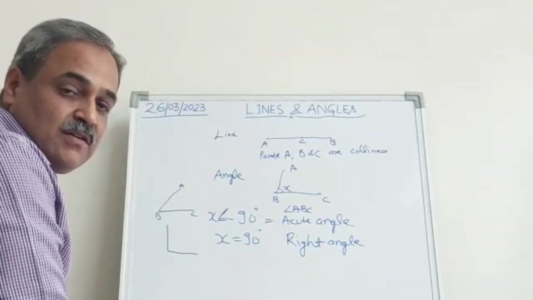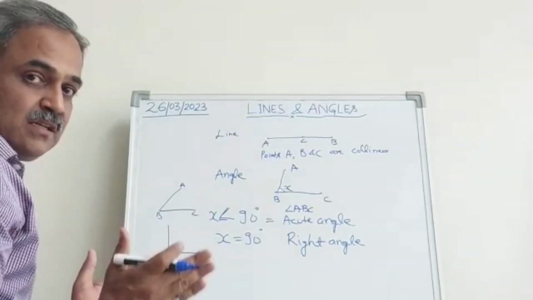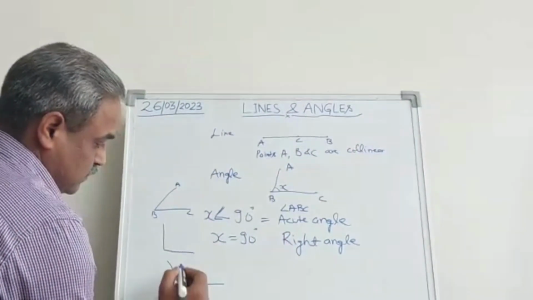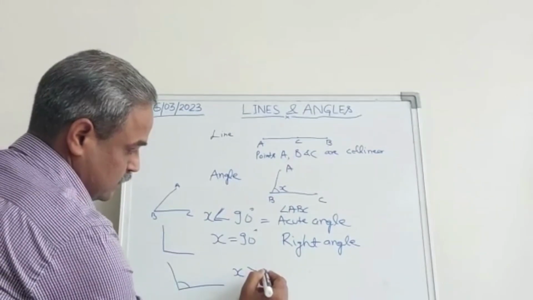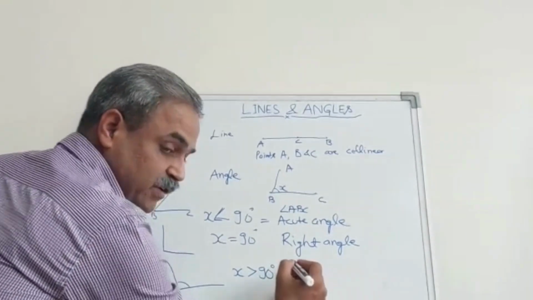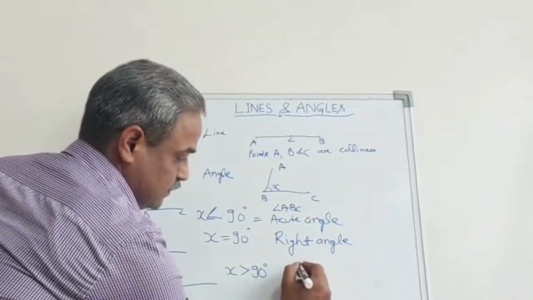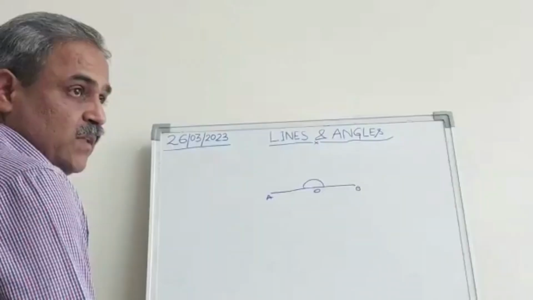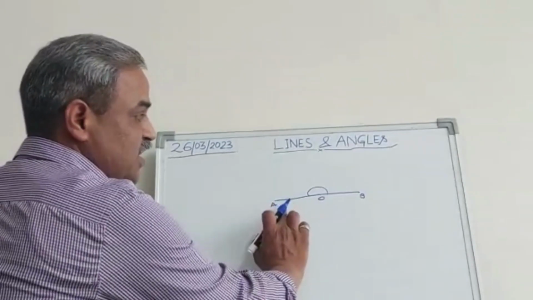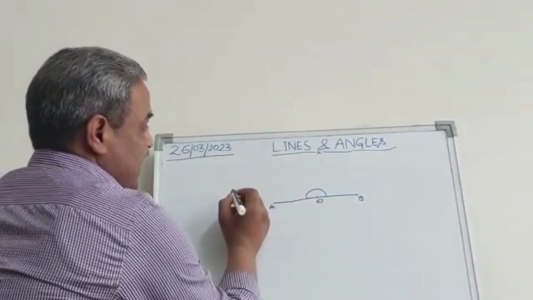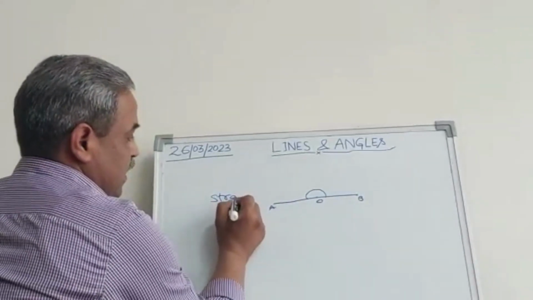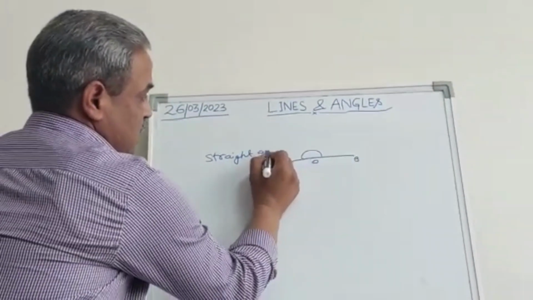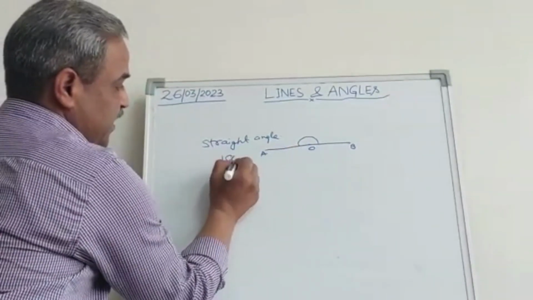The third type of angle: when the angle is more than 90 degrees, it will be termed an obtuse angle. The next angle is when an angle is formed on a straight line; that angle is known as a straight angle, and that straight angle is of 180 degrees.